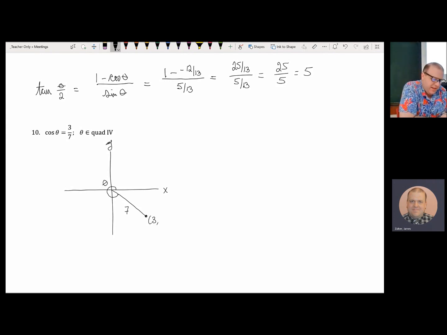We know the length of that line segment is 7, and we know the x-coordinate is 3. The y-coordinate is negative 2 root 10.